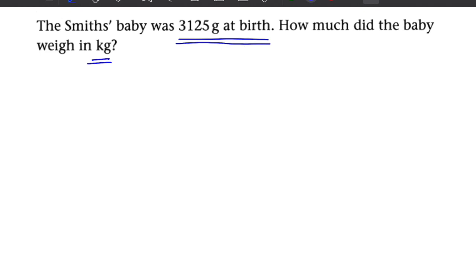Okay, so here we want to know the Smith's baby's weight in kilograms. So what we want to know is 3,125 grams. What does that equal in kilograms? Okay, so take a second and look at your formula sheet. What is the relationship between grams and kilograms?